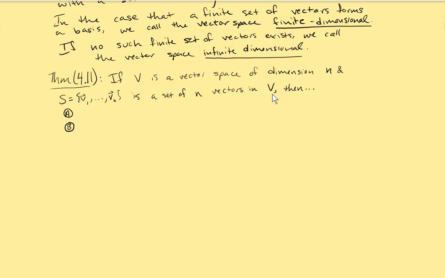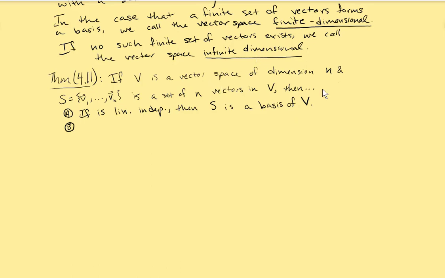We're going to say if S is linearly independent, then it turns out that's all you need to say that S is a basis of the vector space V. So this is kind of big already.